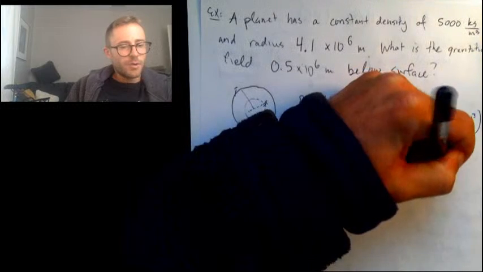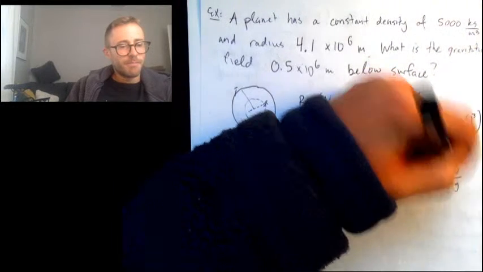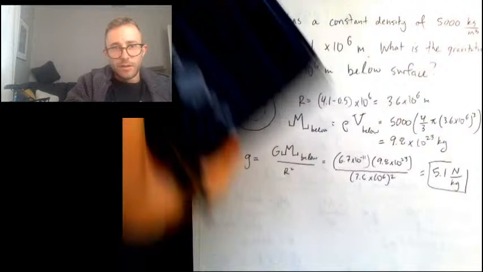And we get 5.1 newtons per kilogram. Okay, so that's the Shell theorem.